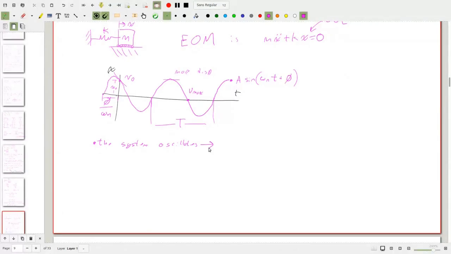The system oscillates. How would you model that mathematically? If you got something that's kind of this shape and oscillates, and you're told to draw that, what kind of function is that? Yeah, like a sine wave, right? Just model it as a sine. A sine function is a great answer for that.